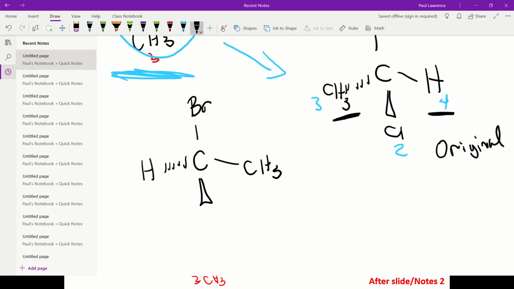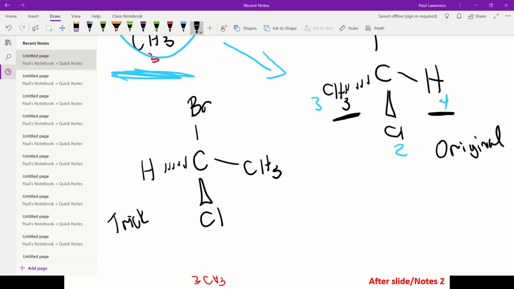And the chlorine just didn't move, it just stayed. Now, this molecule that I just drew is not the same thing as the original, because I took those two bonds, broke them off, and switched them. When you break two bonds and switch them, you're going to change the stereo. You're going to change the configuration. So this one right here is our trick molecule. This is to help us.